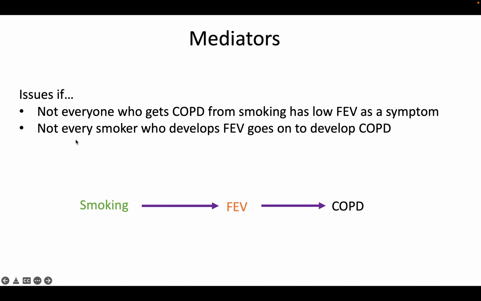Two potential issues with that are that maybe not everyone who gets COPD from smoking goes through that low FEV intermediate, and also maybe not everyone who develops low FEV from smoking goes on to develop COPD. So it's imperfect, but there are a lot of times when using a mediator as a proxy for an outcome can be really valuable.